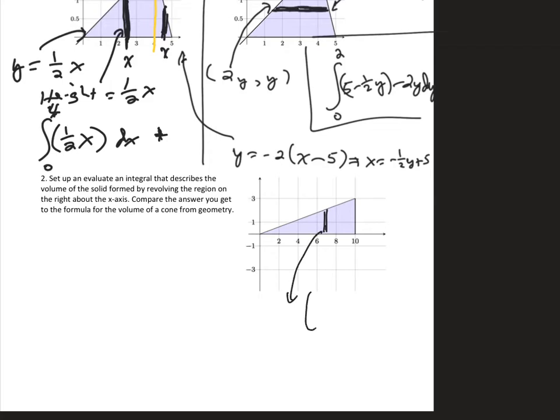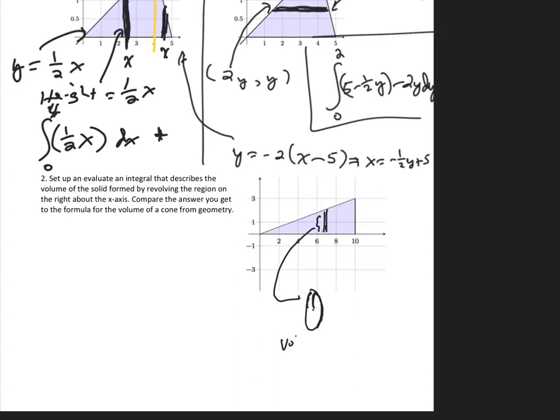So if you revolve that one stick about the x-axis, it'll look like a little disc. And most importantly, the radius of this disc comes from the height of that stick, exactly.